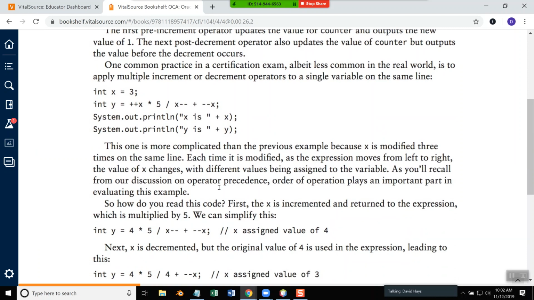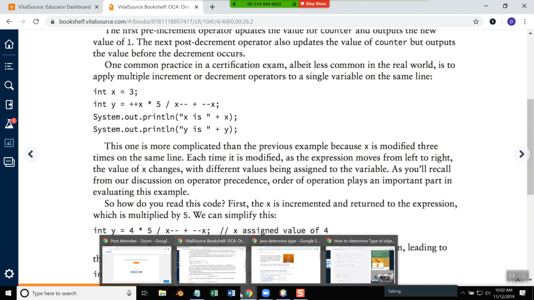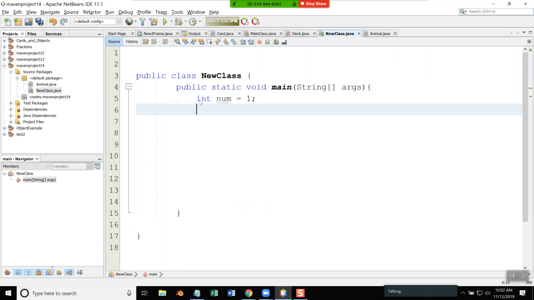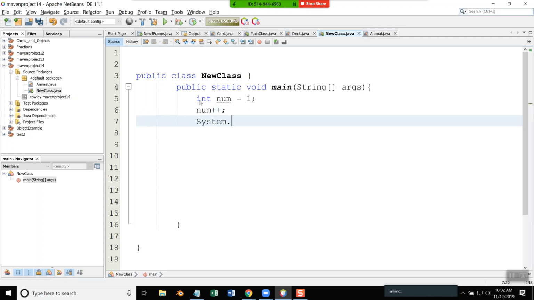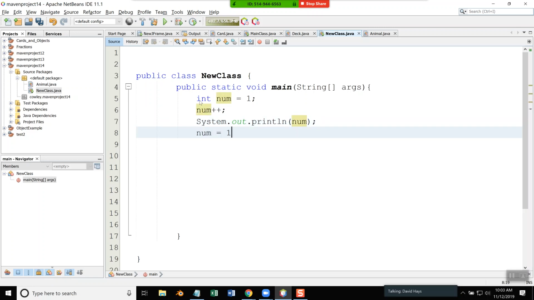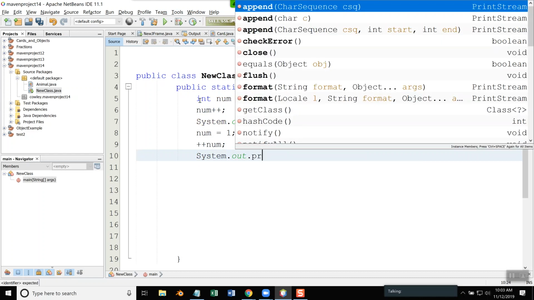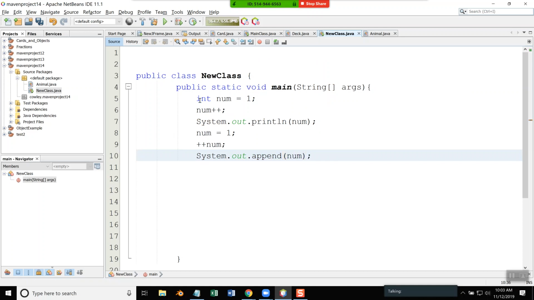Sometimes it doesn't matter whether you put it before or after. For example, System.out.println num plus plus, System.out.println num, versus if I set it equal to 1 and I do plus plus num, System.out.println num.